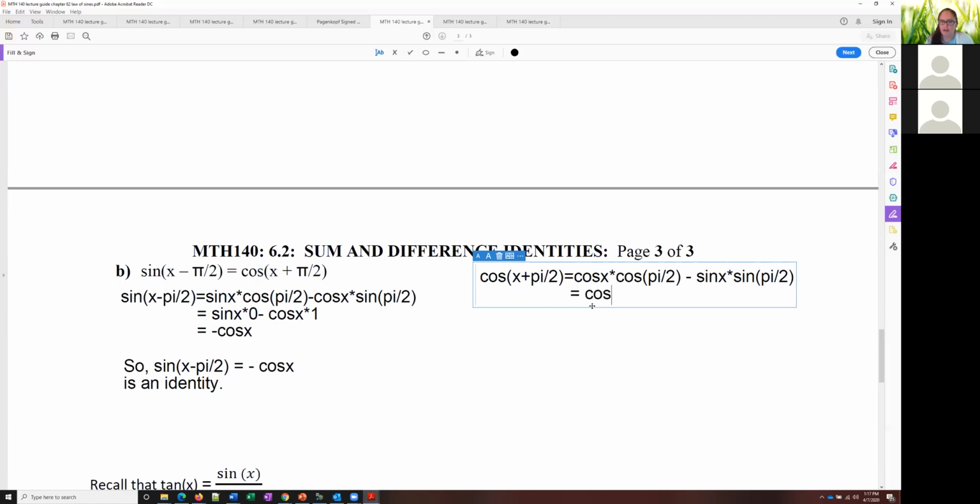We get the cosine of x times 0 minus the sine of x times 1. And so that tells me that we get minus the sine of x.